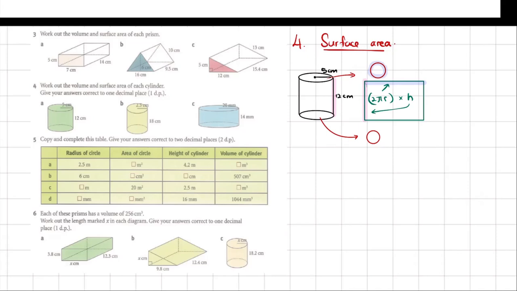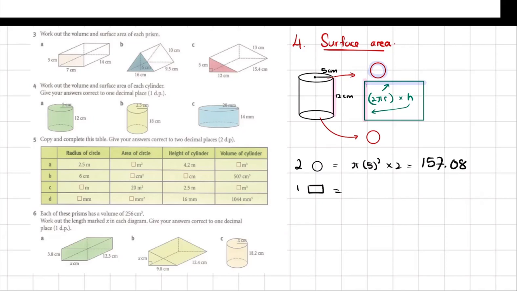So in order for us to find the whole surface area, it is 2 circles, 1 rectangle. The circle one is quite easy, just pi r square times 2, because there are 2, top and bottom, 157.08.